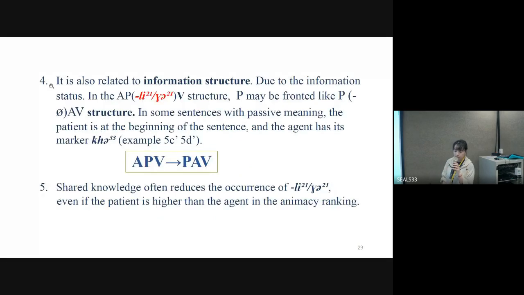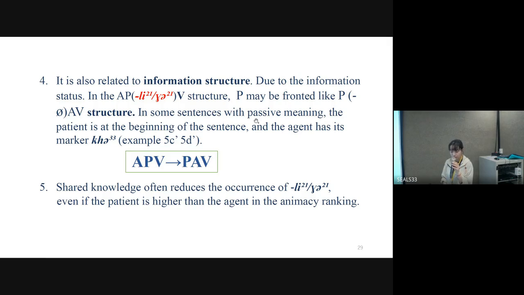And four is my conclusion: although related to information structure, not only the animacy hierarchy, but also information structure connects with word order due to the information status in this SOV language. So the general word order is agent, patient, and the verb. But patients can be fronted, like patient, agent, and verb structures.